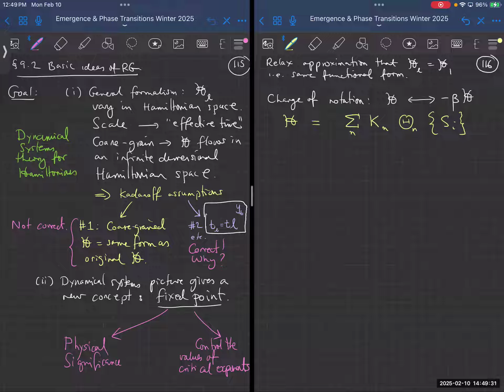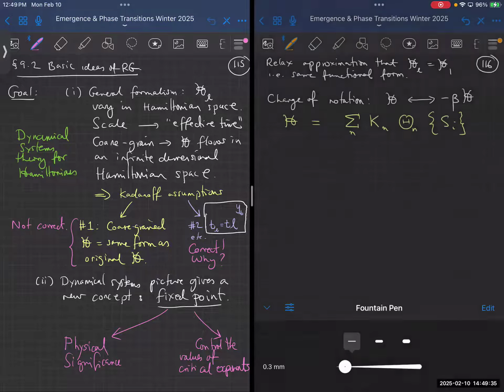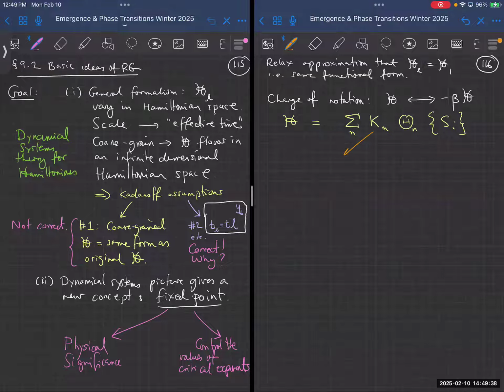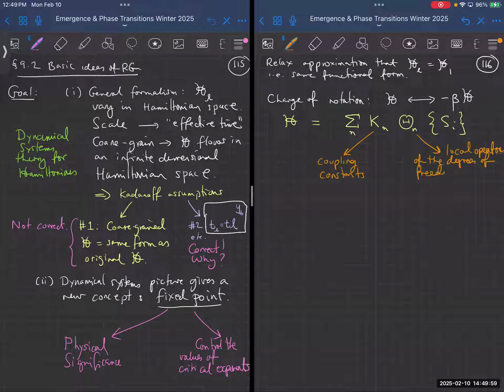So these are the coupling constants, and these are local operators of the degrees of freedom, which I'm going to write with a symbol S sub i.